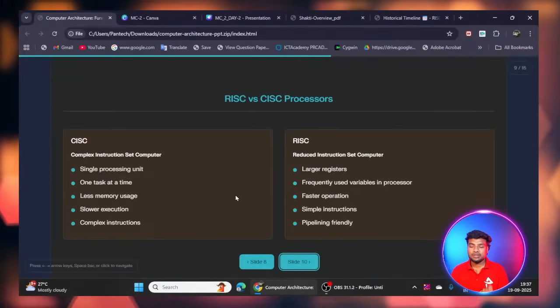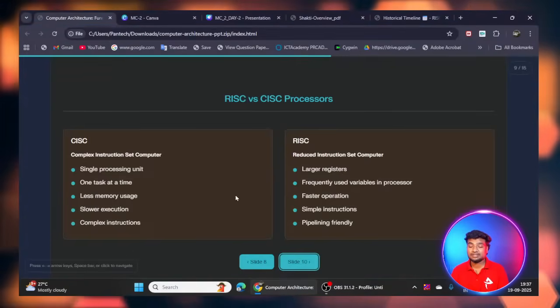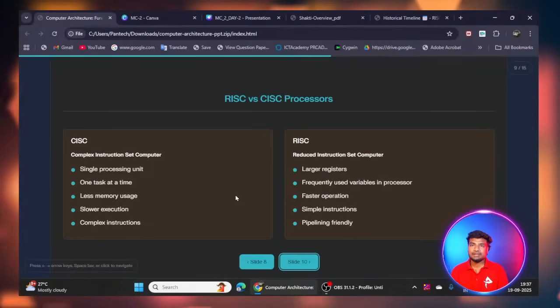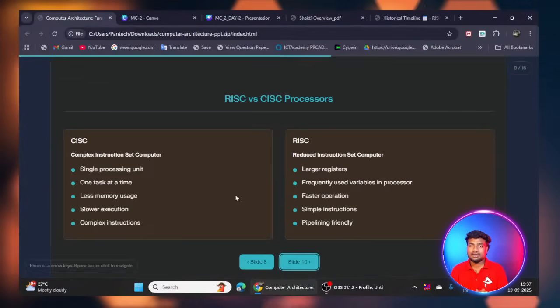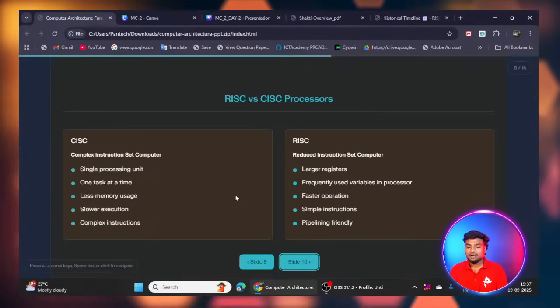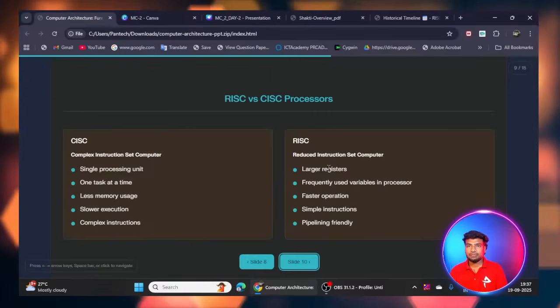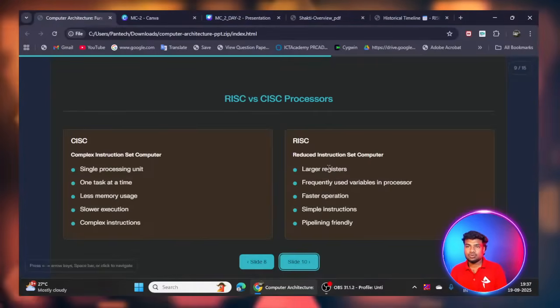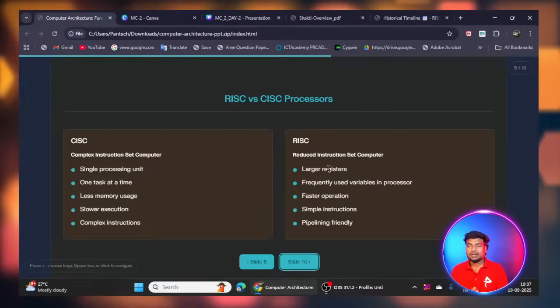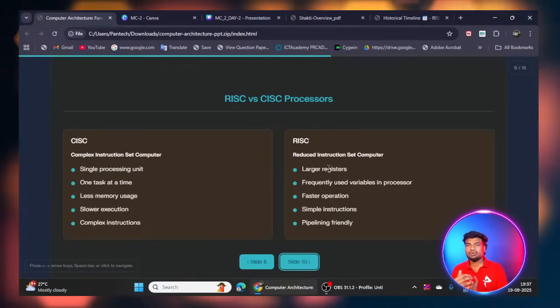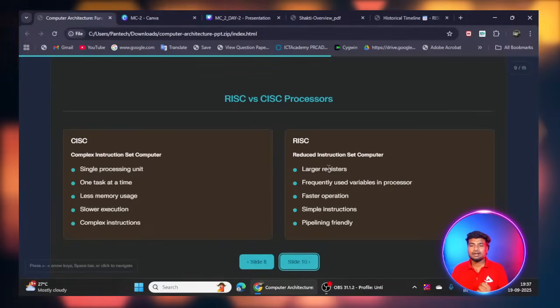But with the reduced instruction set computer, we did some optimization in the hardware architecture, and we got the RISC kind of processor architecture. It does fast execution, following pipelining and parallelism.